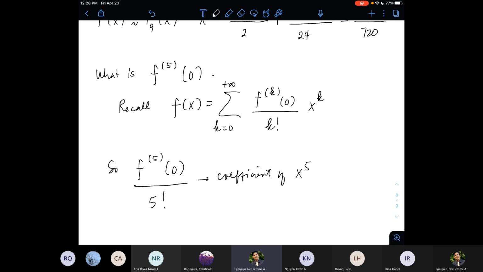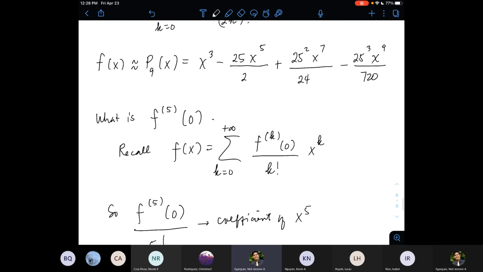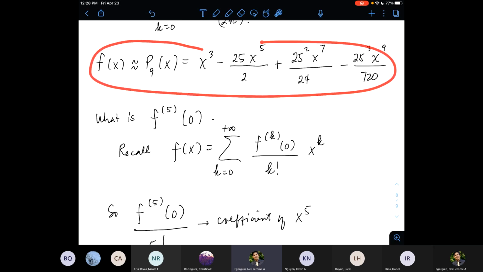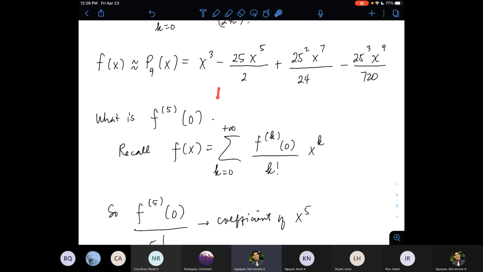Now, if we look at our expansion for f, this is an abridged version of our expansion for f, right? There would be several more terms here if we're looking for the exact f. But remember, we are interested in the coefficient of x to the 5th. What's the coefficient of x to the 5th here? The coefficient of x to the 5th is this guy.